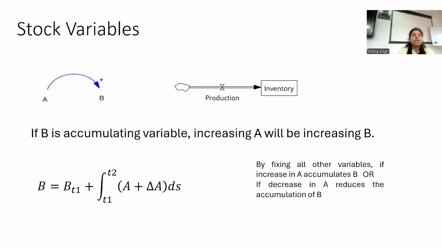So it actually shows how we get this. How can we see this in the real-time model, or when we try to develop a simulation, how do we see it in the simulated model? We will keep the other variables constant, and by making them constant, we'll see the only impact of one variable A on the other variable B. And then we'll see how the stock of B is varying with the changes in A, right?